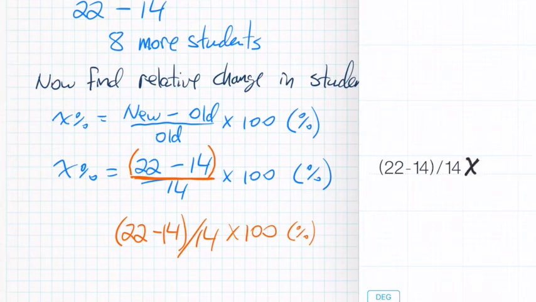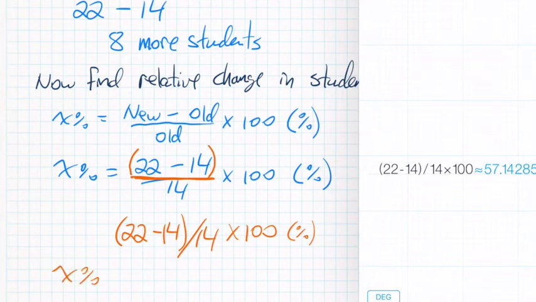And then you're going to multiply that by 100, and that'll change it into a percent, 57.1. So we're going to get x percent is about 57.1%. Because it's positive, it's a percent increase. If it was negative, I wouldn't write the negative, and I would just write the word decrease.